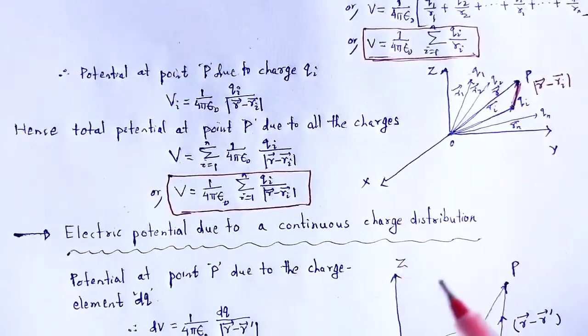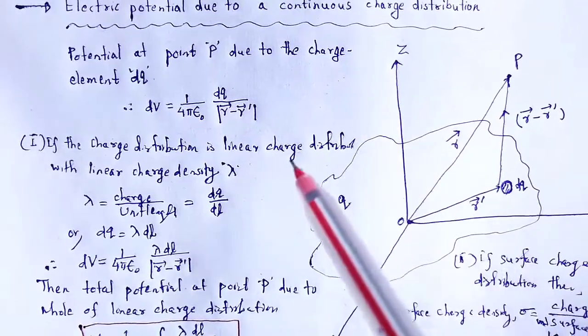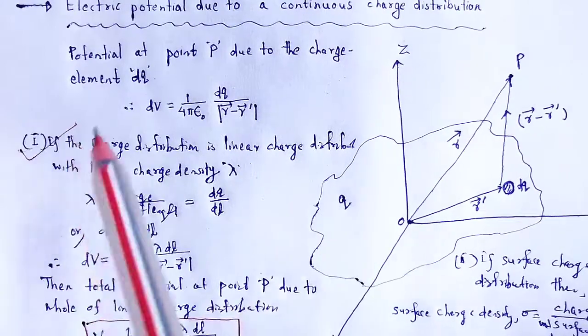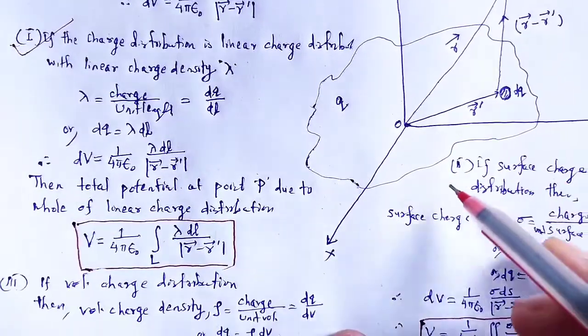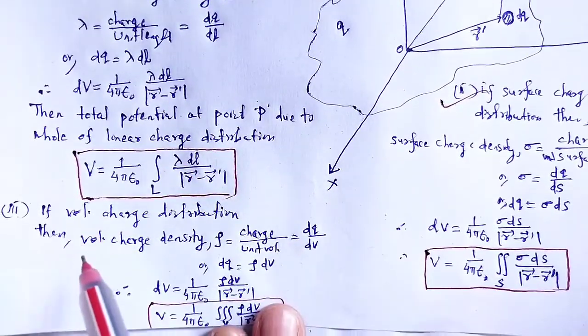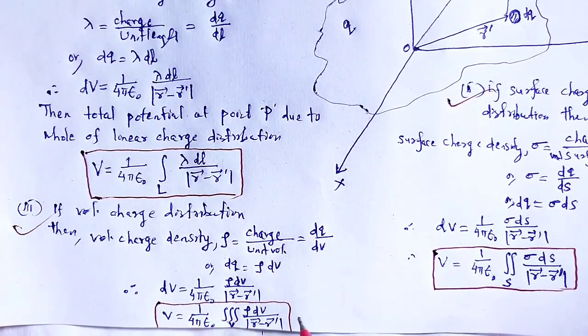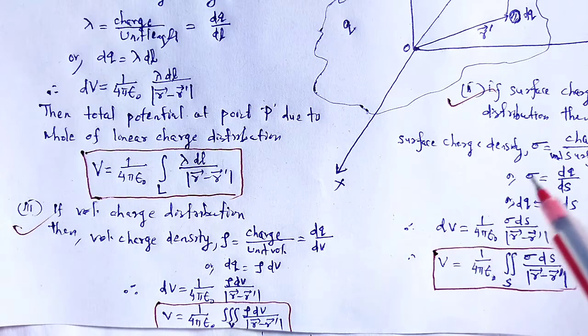And when the charge is distributed continuously, linearly, surface wise, or volume wise, we get the corresponding total potential at point P. For any point under consideration, we calculate the total potential according to the distribution of the charges.